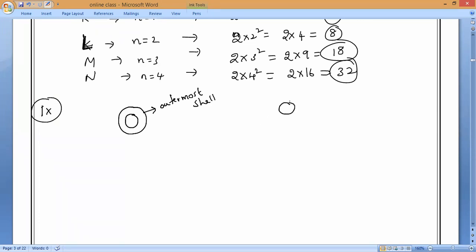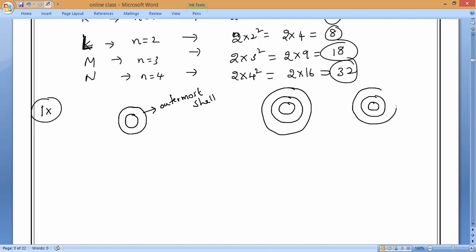If you take another atom, it might have two shells, so this will be the outermost shell. If you take another atom, it might have three different orbits, so this will be the outermost one. Is it okay, everyone?